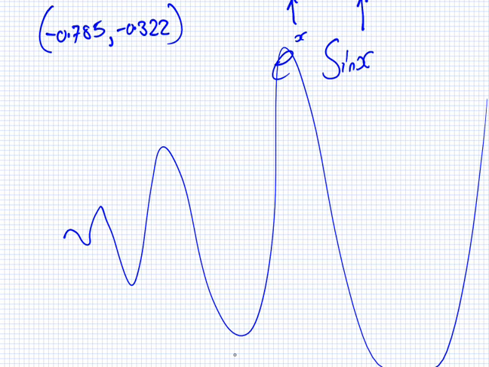There we go. Eventually. So look, I'll have to exaggerate it here, but you can see the first turning point near the origin is around about here, which looks like about minus 0.75 and minus 0.3, which is what it is.